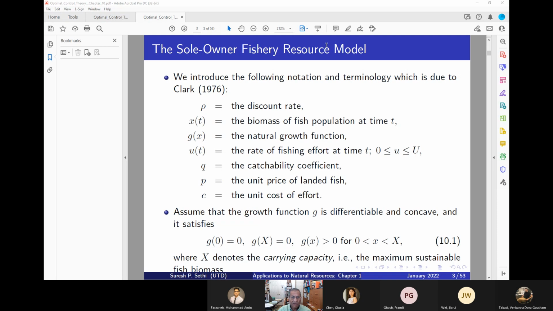And one such follower model is Colin Clark's model of the sole owner fishery. And it also used Green's theorem, so we're going to use the same thing.